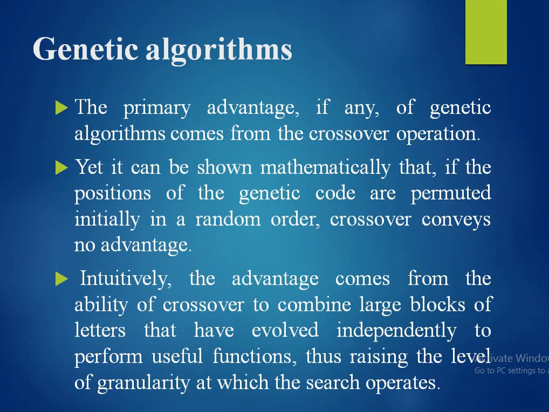The primary advantage, if any, of genetic algorithms comes from the crossover operation. Yet, it can be shown mathematically that if the positions of the genetic code are permuted initially in a random order, crossover conveys no advantage.